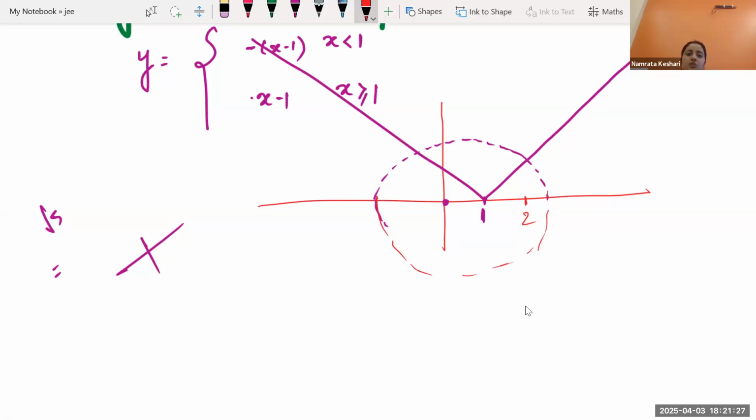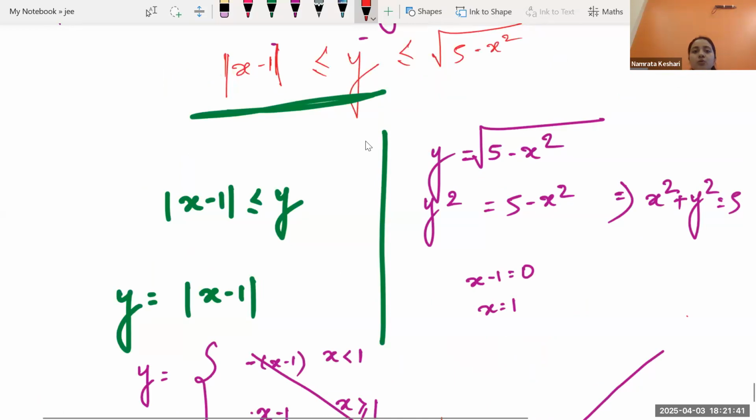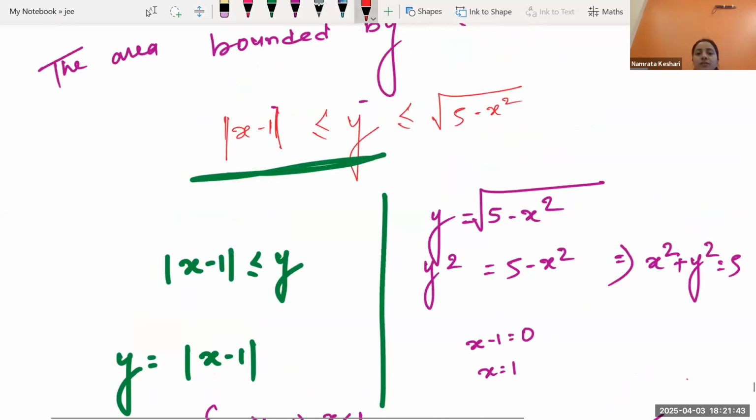Let me check, x greater than or equal to 0, y greater than or equal to 0, if that condition is given over here. It is also given here for x and y. And since it is inside the root, we must take the domain so that 5 minus x square is greater than or equal to 0.